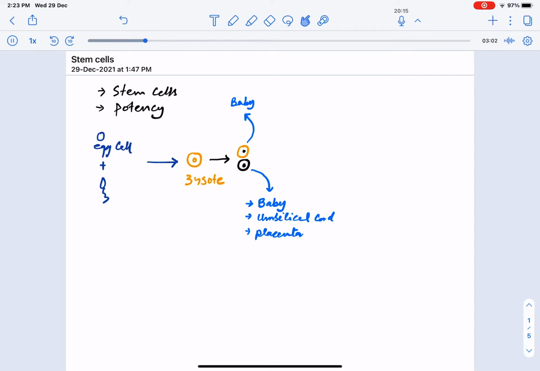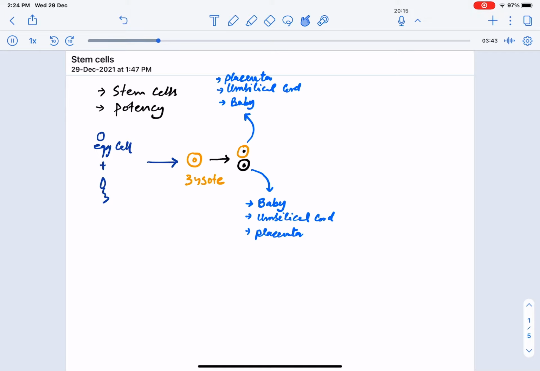Similarly, this cell can also make the human baby, umbilical cord, and placenta. There are different cells in the baby. The baby grows and develops into an adult later on, and there are many different types of cells, tissues, and organs in an adult individual.